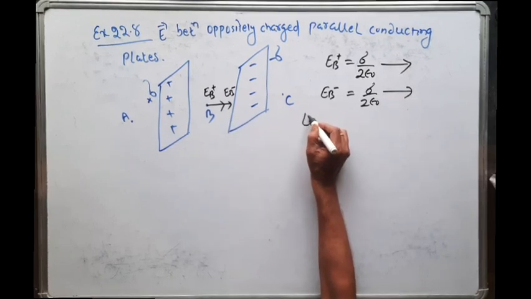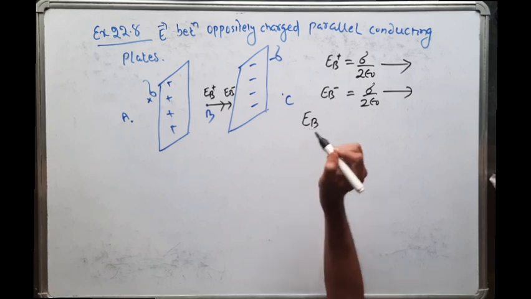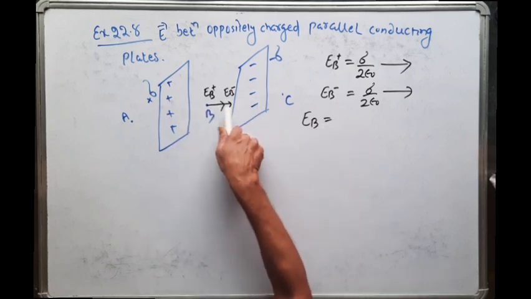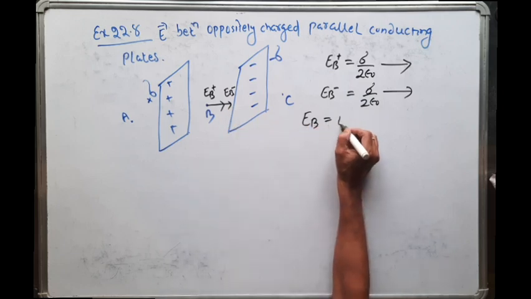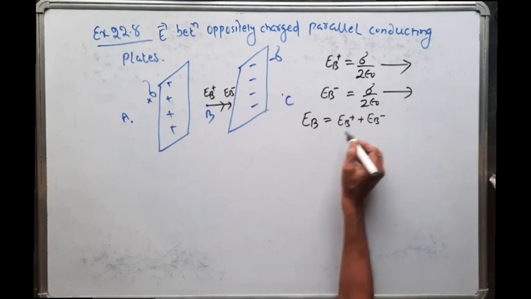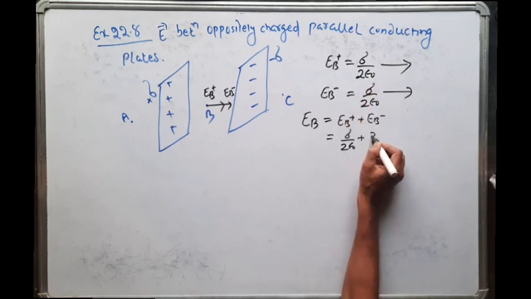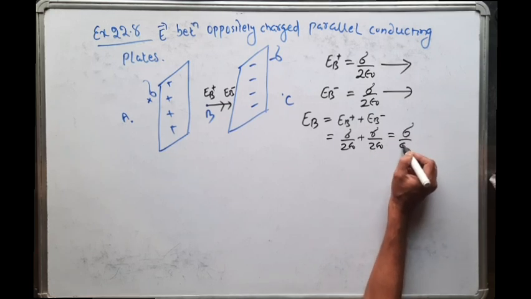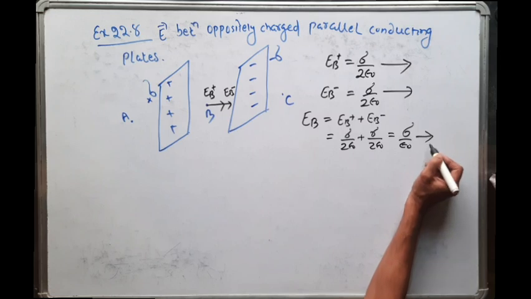So what is the net electric field intensity at B due to both the positive and negative plates? Since both are in the same direction, you just add algebraically. So that is sigma by 2 epsilon naught plus sigma by 2 epsilon naught, which is equal to sigma by epsilon naught. And what is the direction? Towards right.